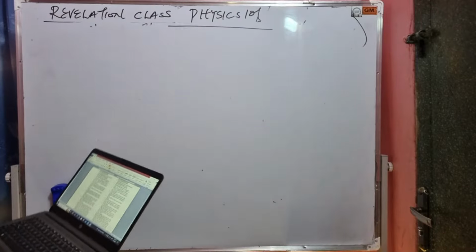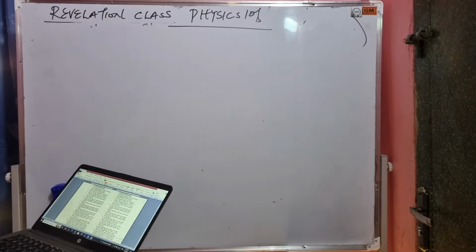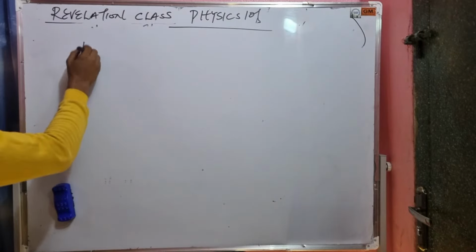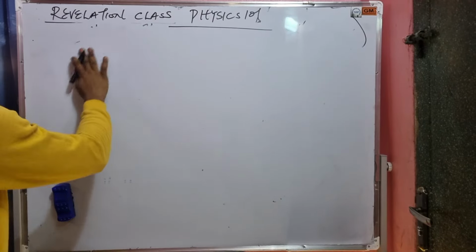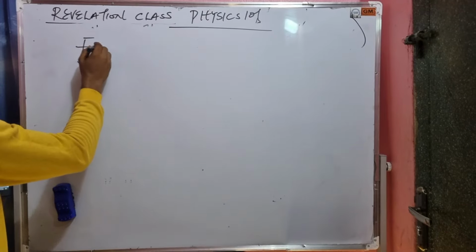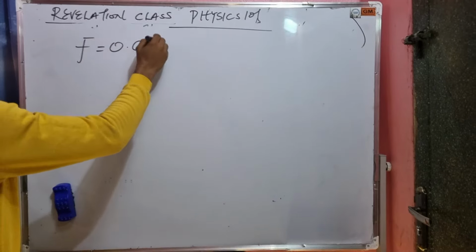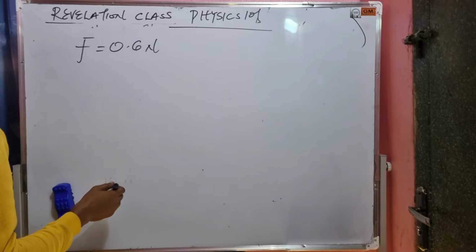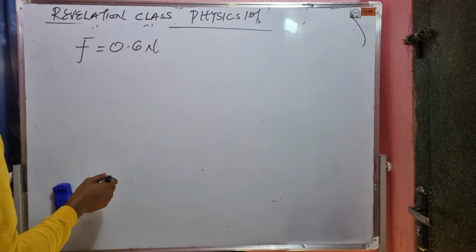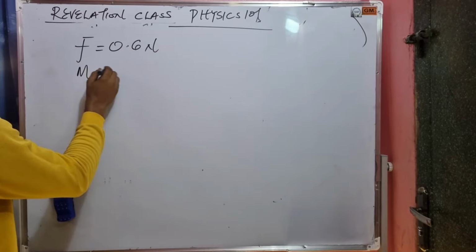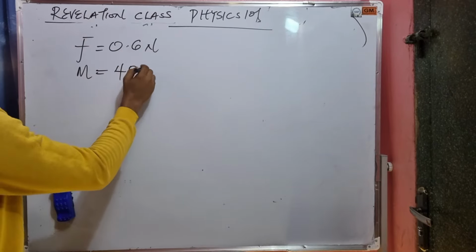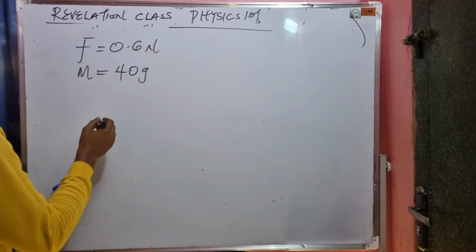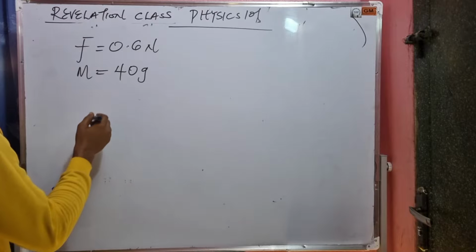The mass of the body is 40 grams, initially at rest. Calculate the acceleration.